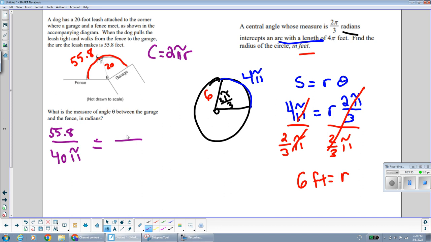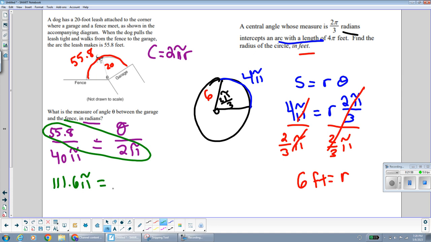And on the side, central angle, that's what we're trying to find. And we're in radians, or we want to be in radians. So I'm going to use 2 pi, which is the equivalent of 360 in radians. I'm going to cross multiply 55.8 times 2. That's 111.6, and I'm not going to forget my pi. Multiplying the other way, that is 40 pi times theta.